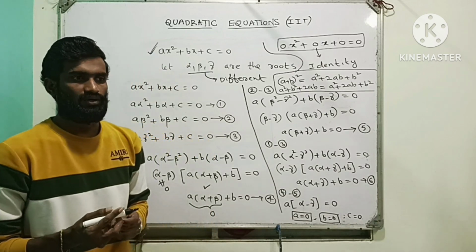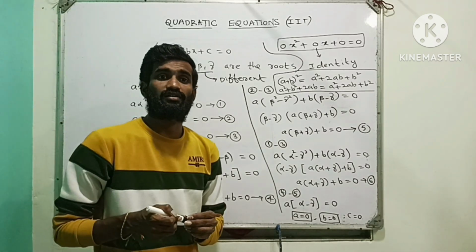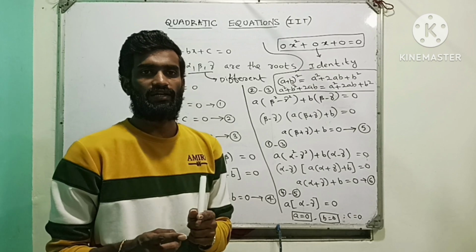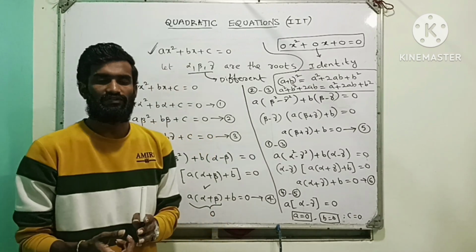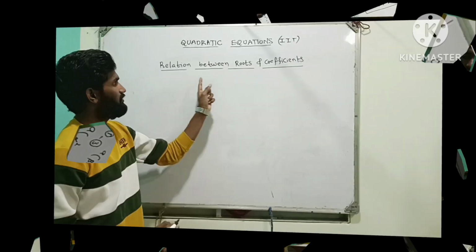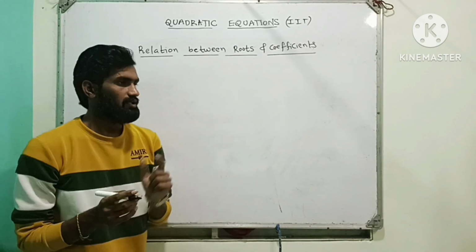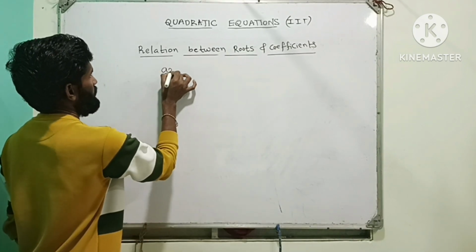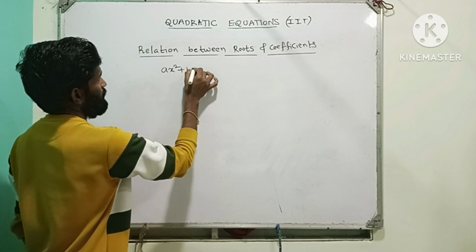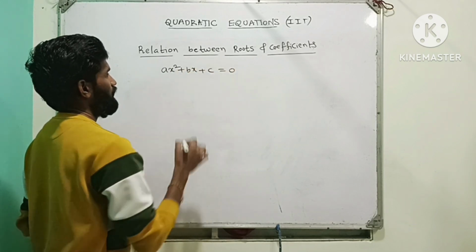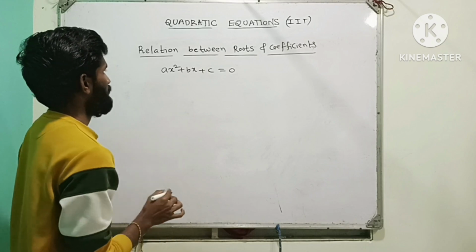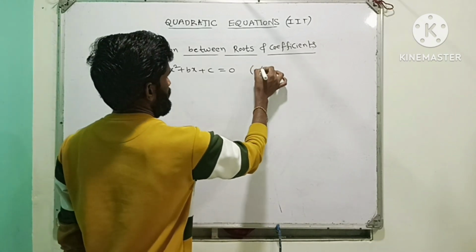And now we are going to see the relation between roots and coefficients. So here we are going to consider the quadratic equation ax square plus bx plus c equals 0. We have alpha comma beta as the roots.